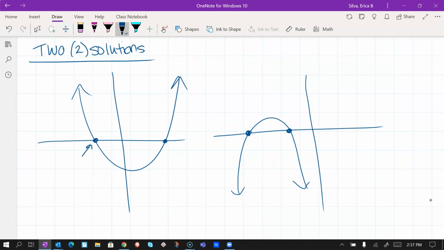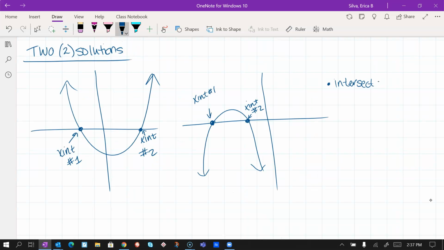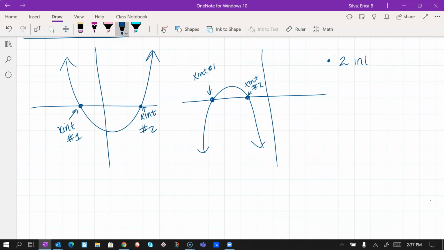And that's when we have two x-intercepts. So this one intersects, so two intersections on the x-axis. And that's it.